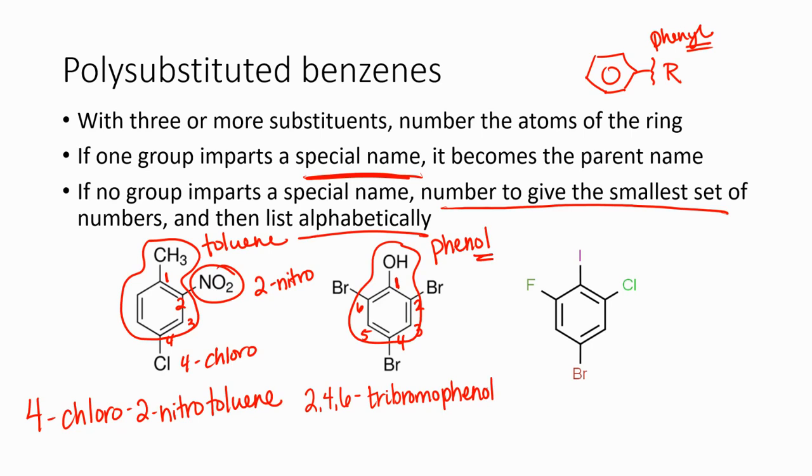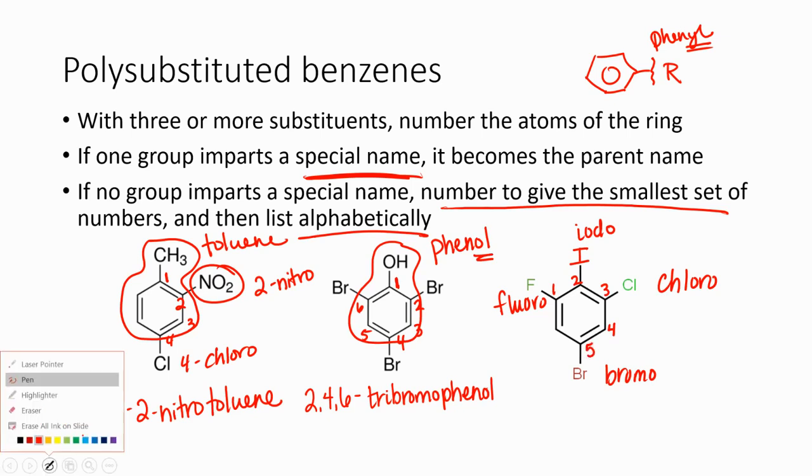All right, and then in our last molecule, we don't really have a group imparting a special name. We've got an iodo here, chloro, bromo, and fluoro. We might see 2 different ways of numbering this. We have to do a 1, 2, 3, and then a 5 for bromo. But the question really is, do we go clockwise?